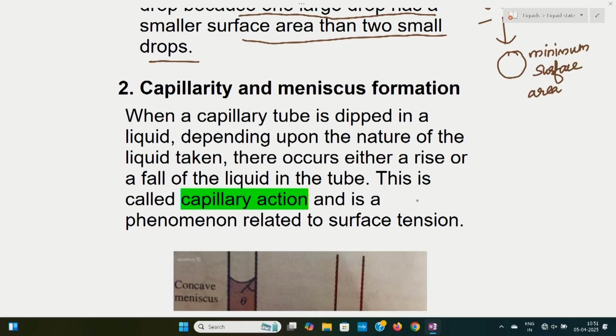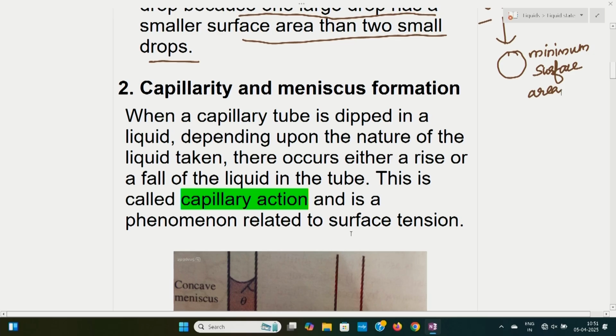That means the capillary tube is a very thin tube. When this capillary tube is dipped in a liquid, according to the nature of the liquid, a capillary rise or fall will happen. That is the capillary action.